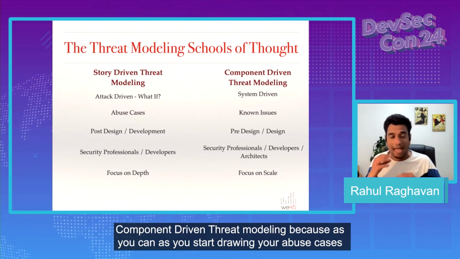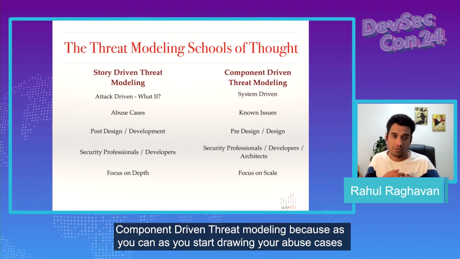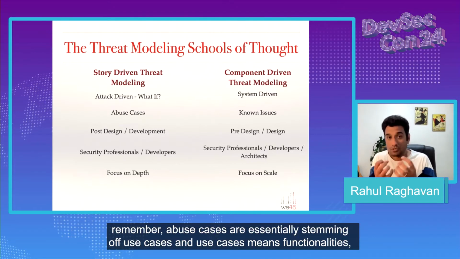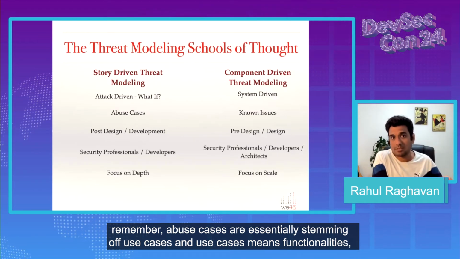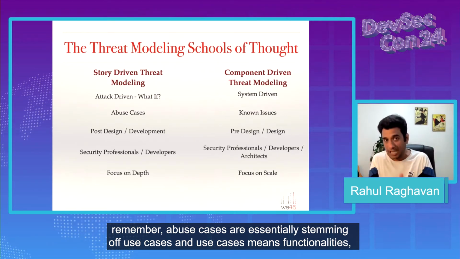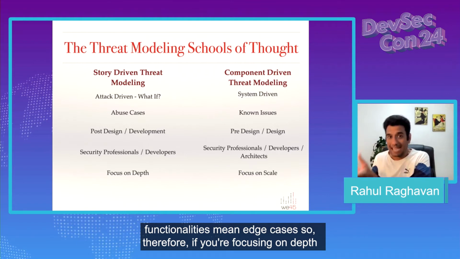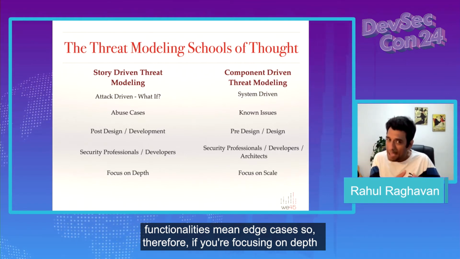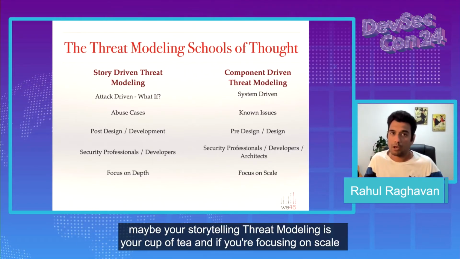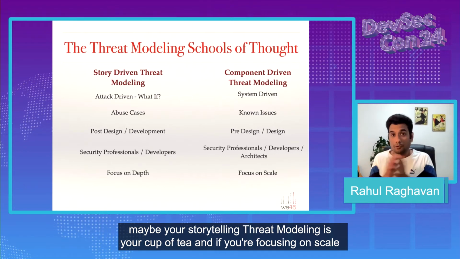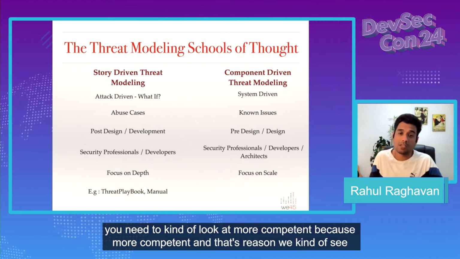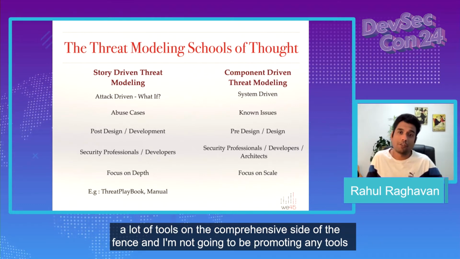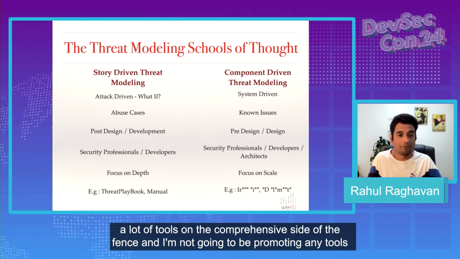Because as you start drawing your abuse cases, remember, abuse cases stem off use cases, and use cases mean functionalities. Functionalities mean edge cases. So if you're focusing on depth, maybe story-driven threat modeling is your cup of tea. And if you're focusing on scale, you need to look at more components, and that's the reason we see a lot of tools on the component-driven side of the fence.